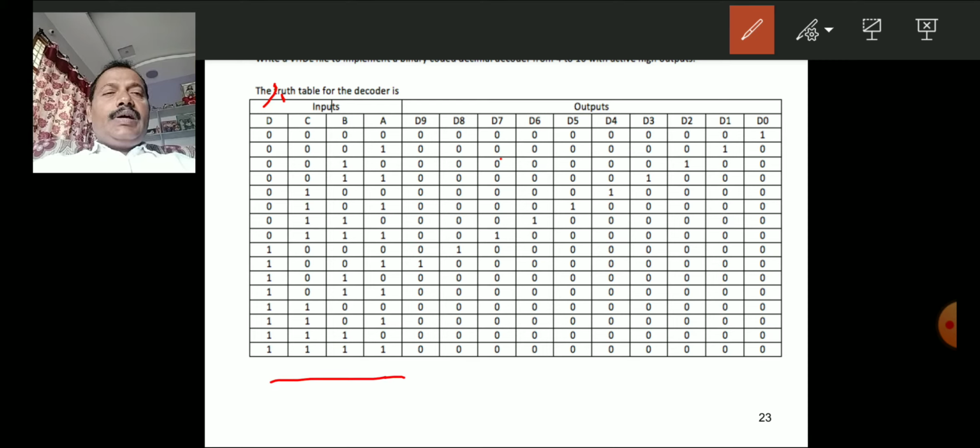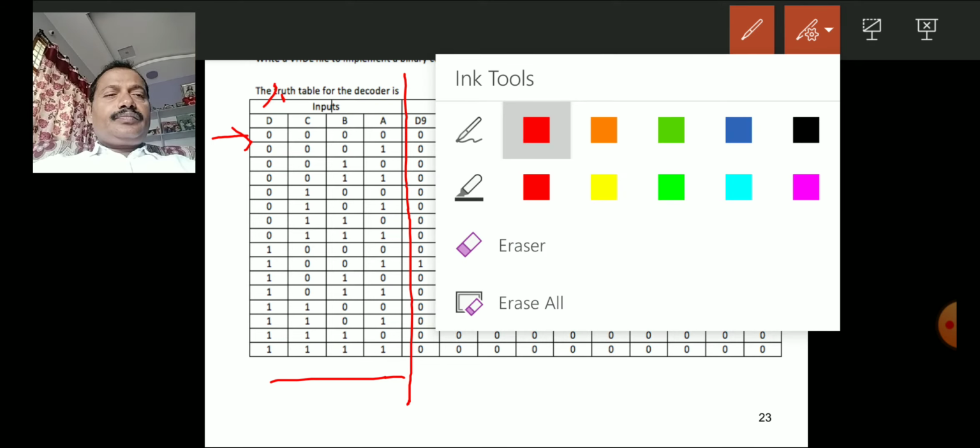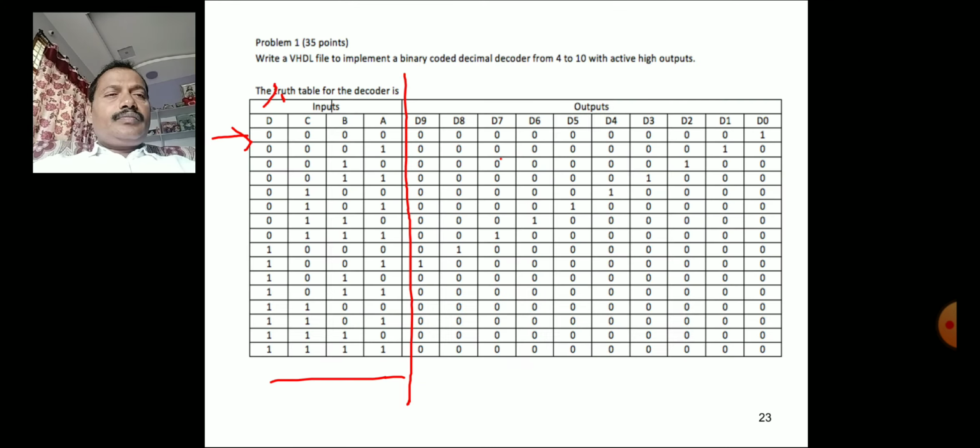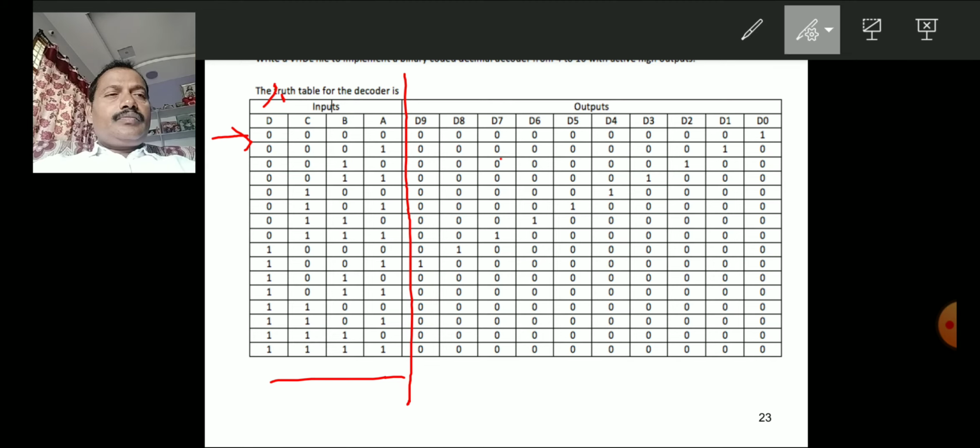You have to write all the input combinations. For the first input combination, 0, 0, 0, 0, output Q0 is activated.